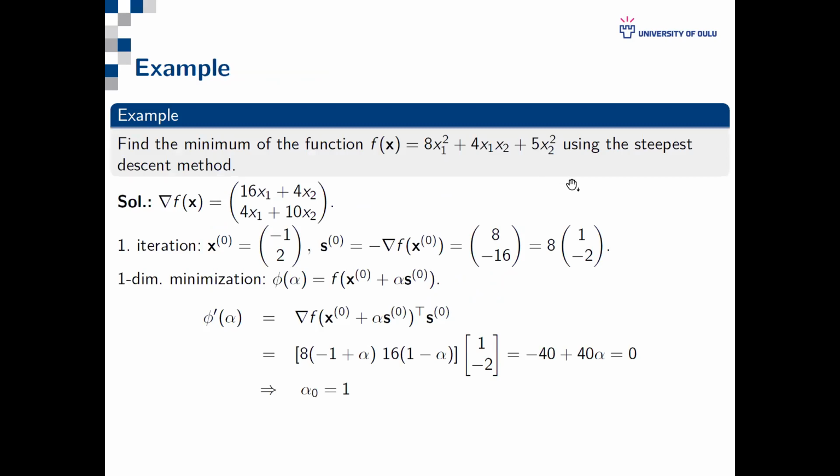Here is a simple quadratic function, and we use the gradient method. We compute the gradient. The gradient vanishes at 0, so we know that 0 is the minimum point.